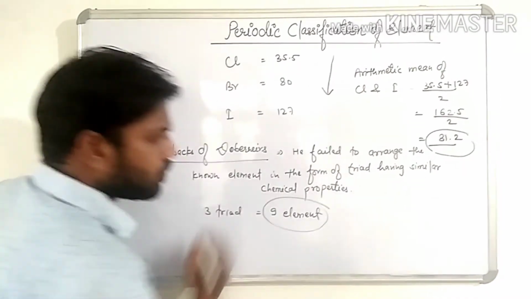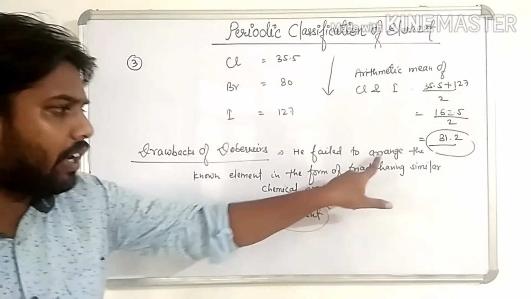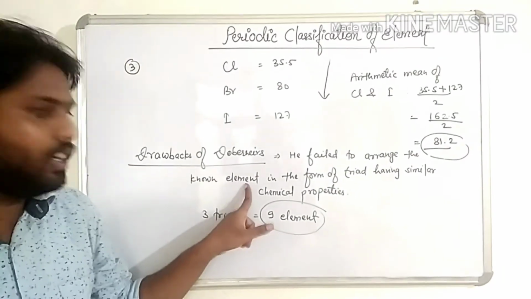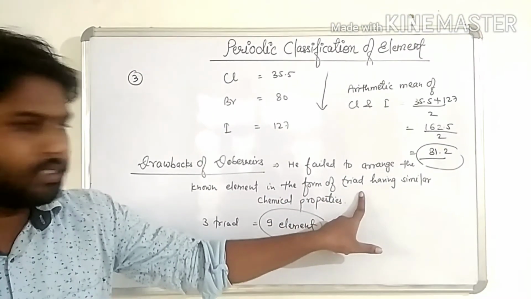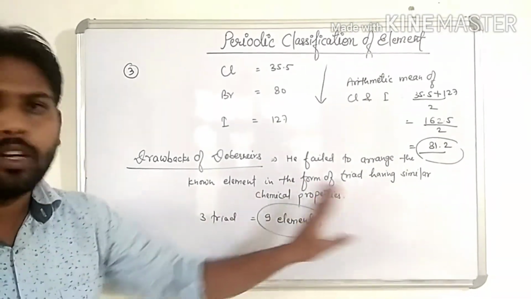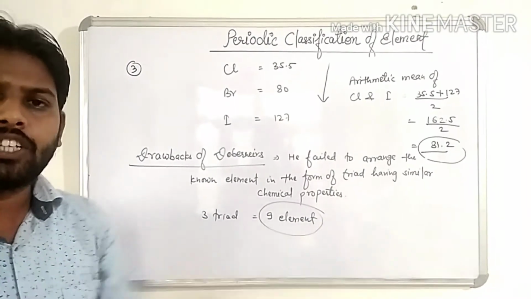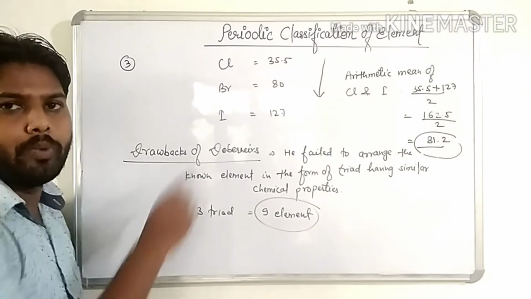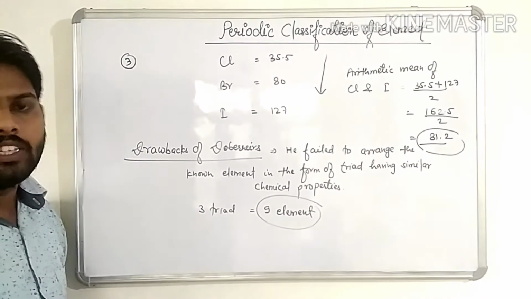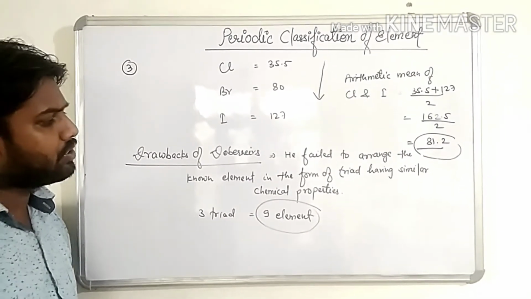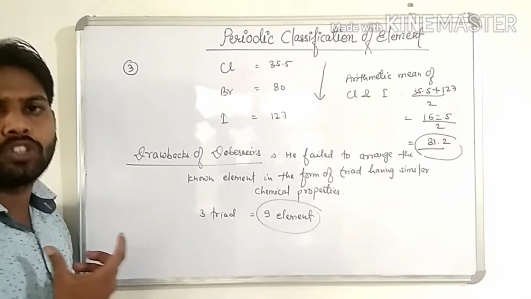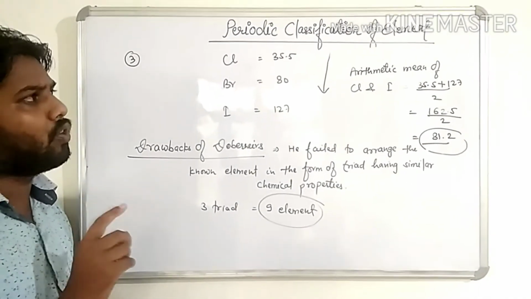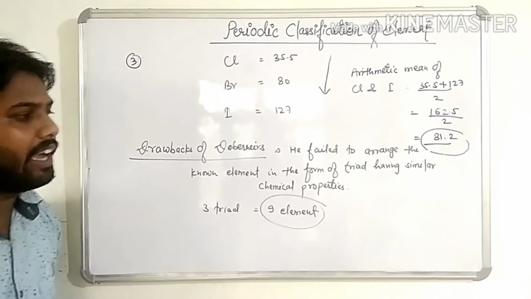So he failed to arrange all the known elements in the form of triads having similar chemical properties. It means the rest of the elements were not explained by Dobereiner. Clear, children? That is why this postulate was not successful for the classification of elements.